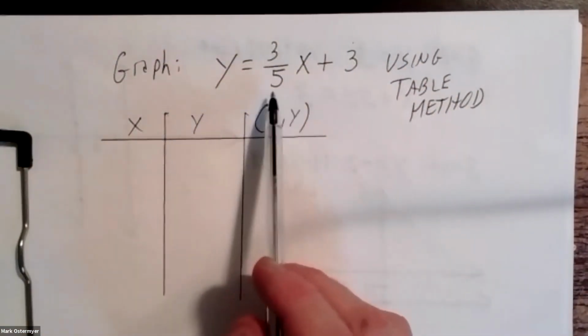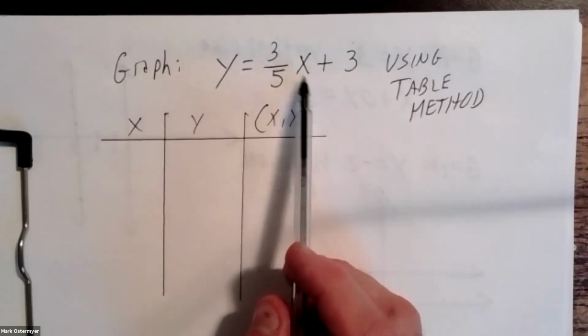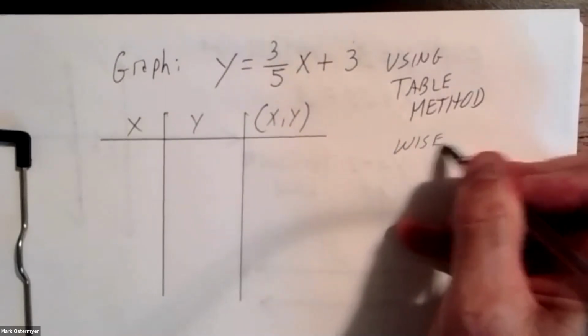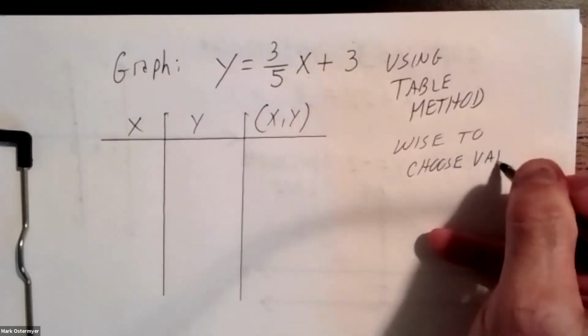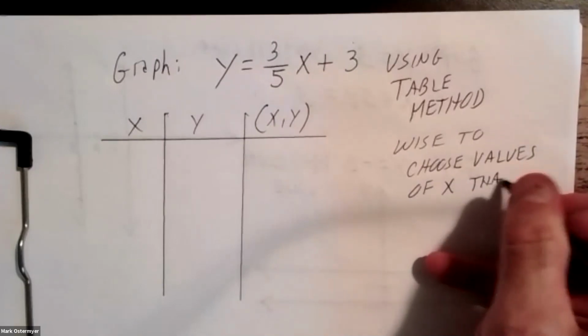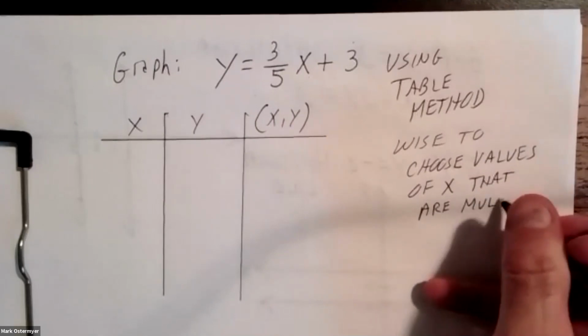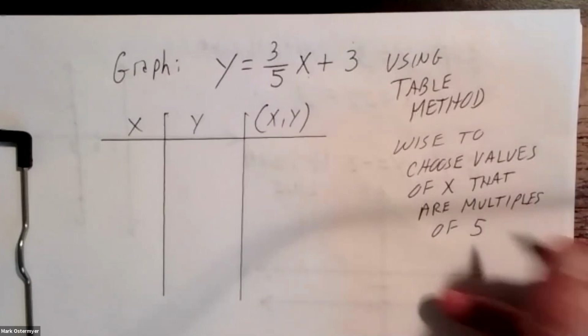Now, because we have a fraction being multiplied by x, it would be wise to choose values for x that are multiples of this denominator. So, ladies and gentlemen, it would be wise to choose values of x that are multiples of 5.